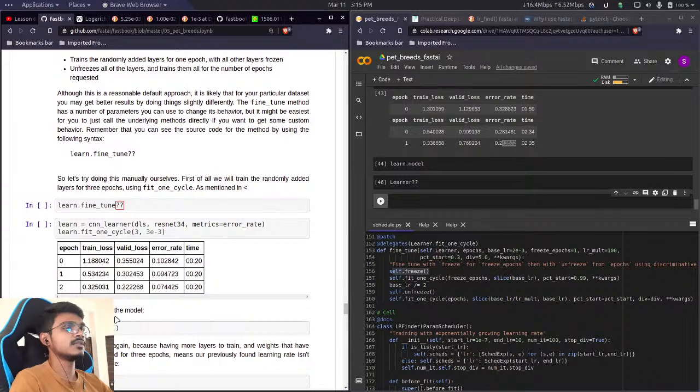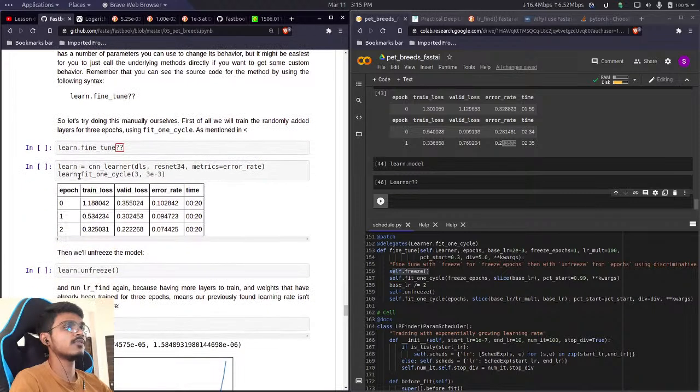That has to be the case, because after doing fit one cycle, we are calling the unfreeze method. So maybe this CNN learner does freeze the previous layers.